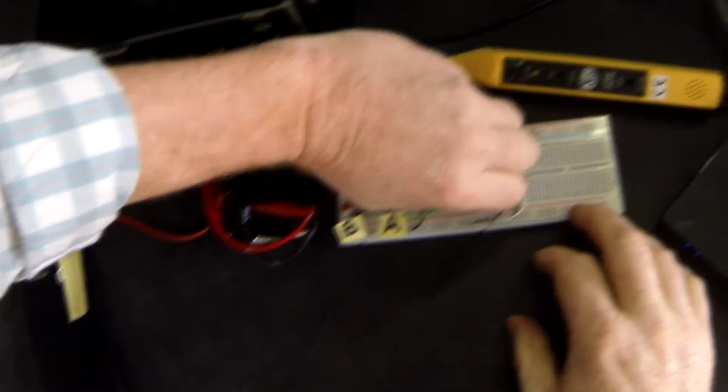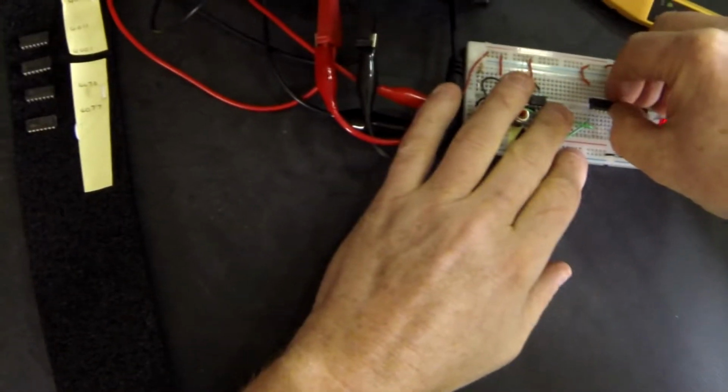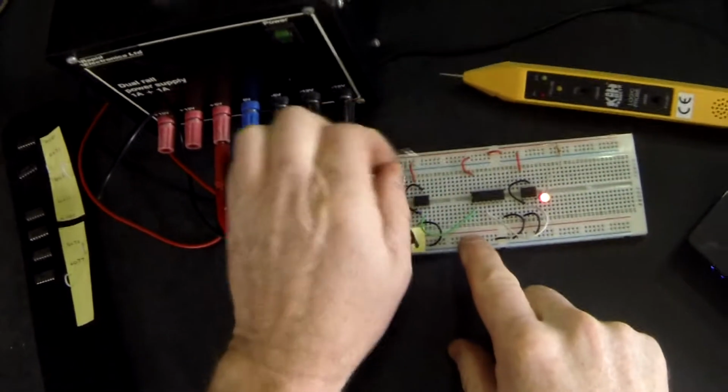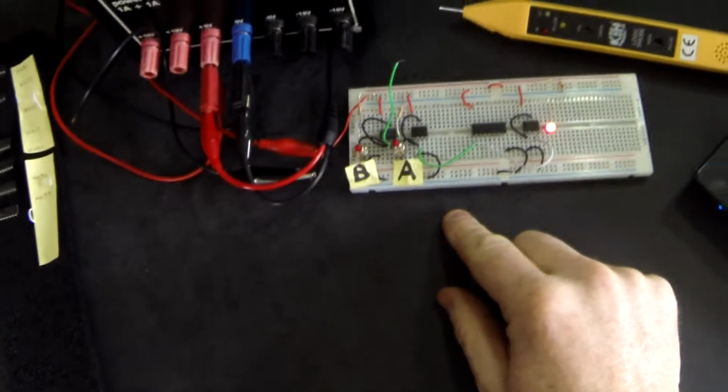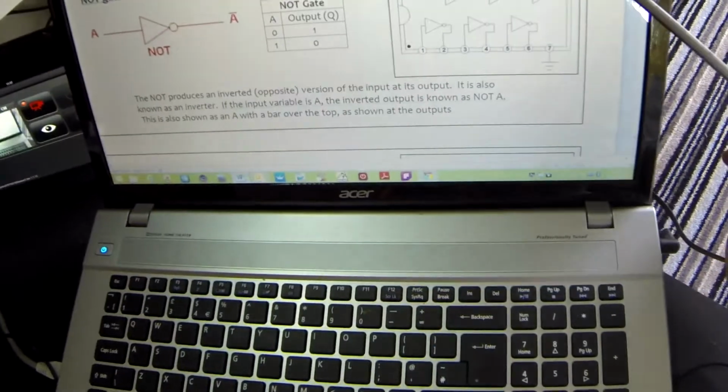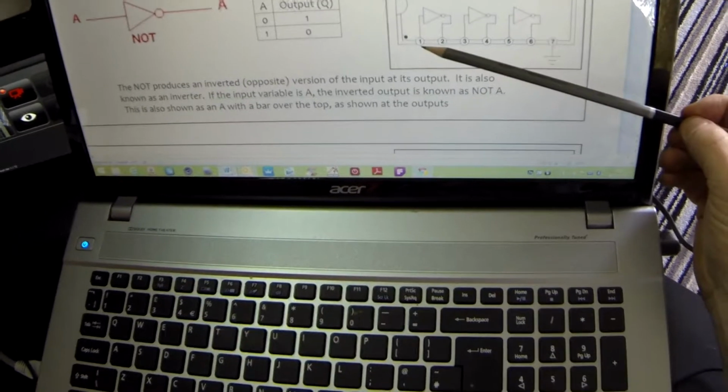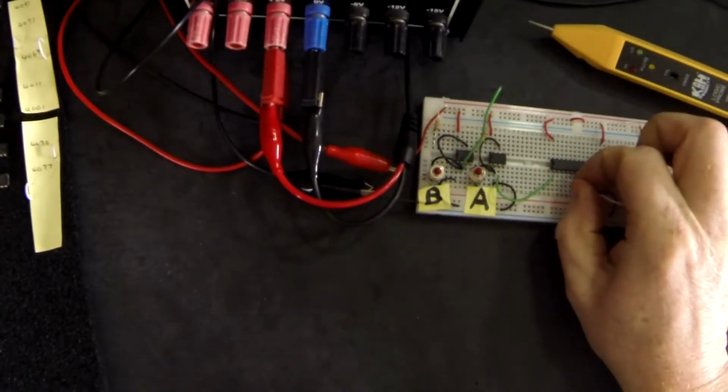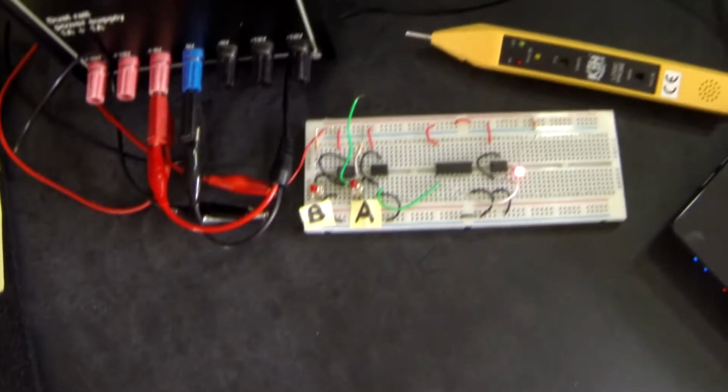So let's put the NOT gate in. So I'm going to remove my B because I don't need it. Just going back to my 4069 here, I'm inputting to pin 1 and outputting to pin 2. So I'm going to move my output here and put it to pin 2.